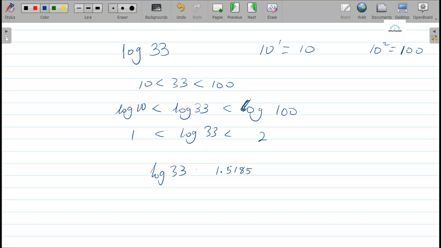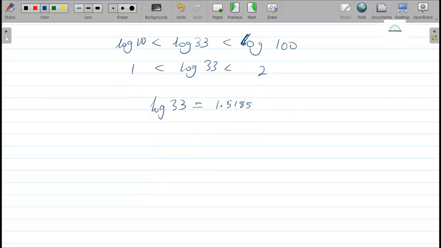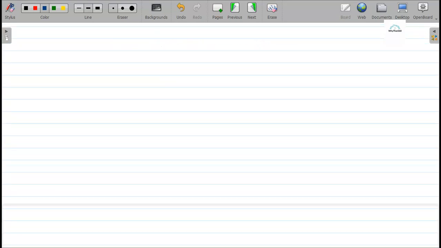Now, when they say estimate log 530, or in exams and objectives, the question asks for the value of log 530.